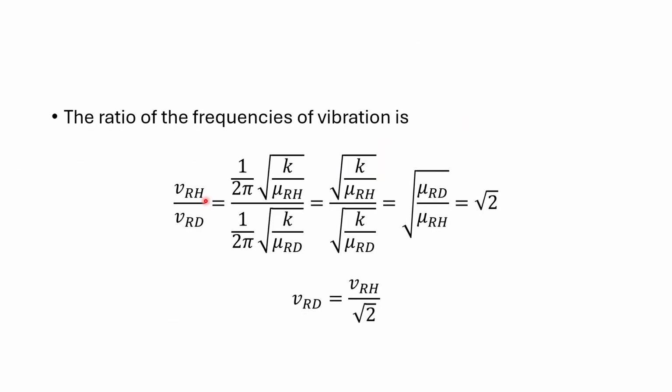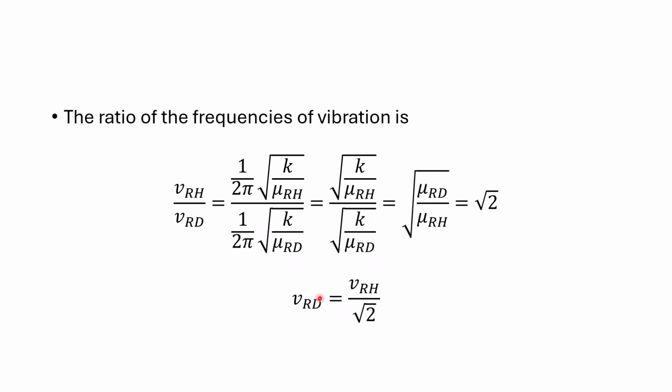If we consider the ratio of the frequency of vibrations for the RH molecule to the RD molecule, we will be able to relate the vibrational frequency of the hydrogen molecule to the vibrational frequency of the deuterium-substituted molecule.